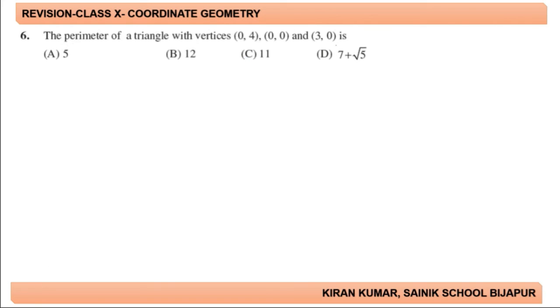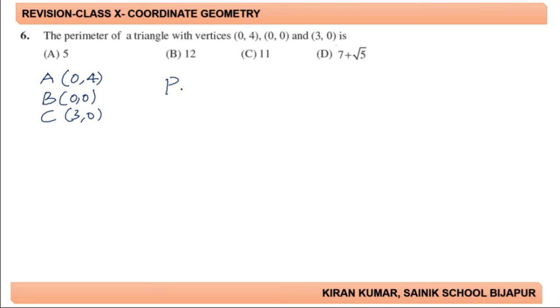Question number 6. The perimeter of a triangle with vertices (0, 4), (0, 0) and (3, 0) is. For convenience, I'll take the vertex A to be (0, 4), vertex B to be (0, 0), vertex C to be (3, 0).